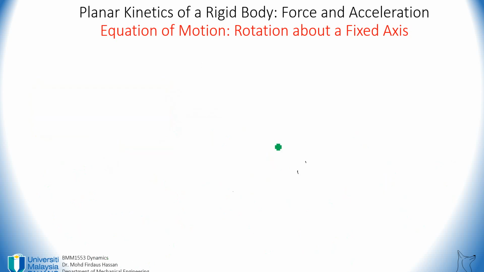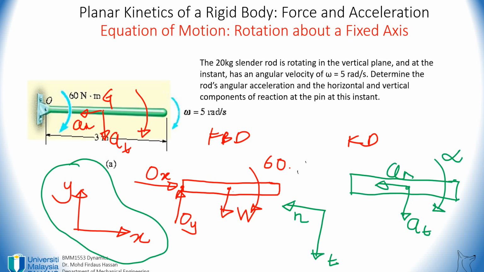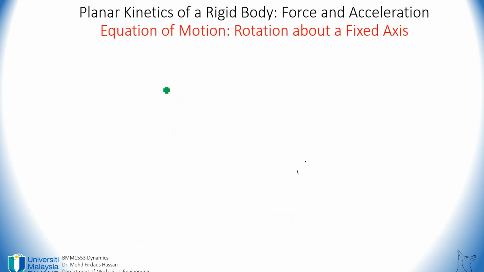Let's solve this one. So if I draw it, I choose this coordinate system, X and Y. So the summation of force in X, to the right is positive, is equal to m AGX.